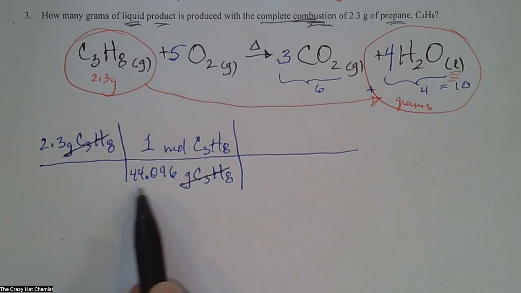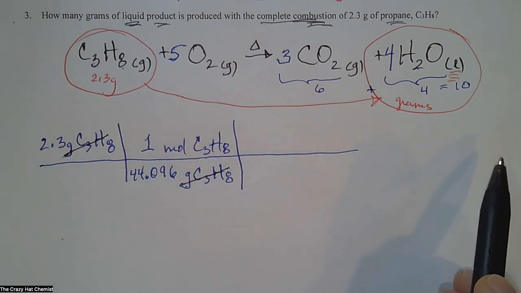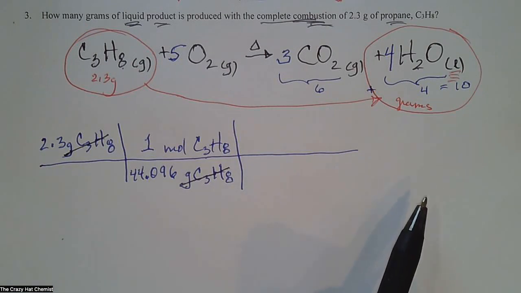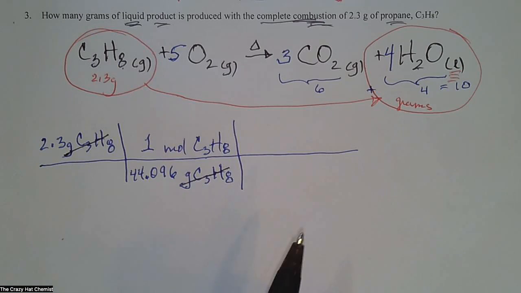Just a note to yourself, okay? This is one of the most common errors in these problems: you have all the setup correct, everything is done correctly, you plug it into your calculator correctly at the end, and then all of a sudden you get the wrong answer and you're wondering what happened? Why did I get the wrong answer? And the reason is because you miscalculated the molar mass.